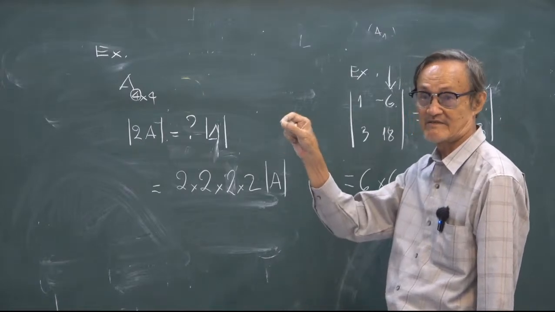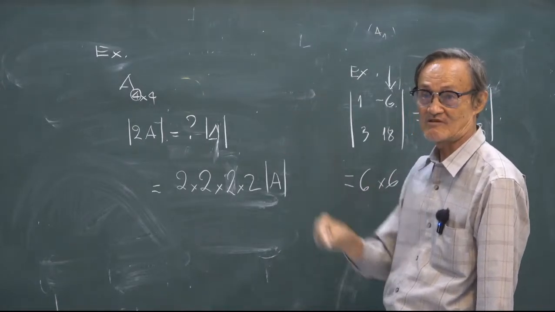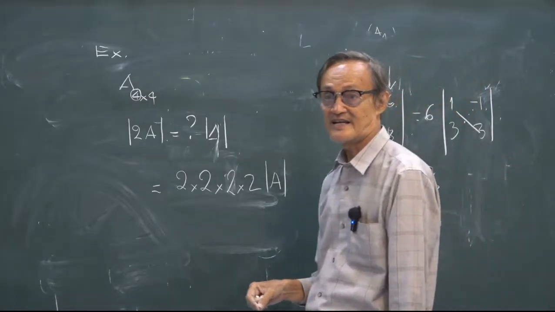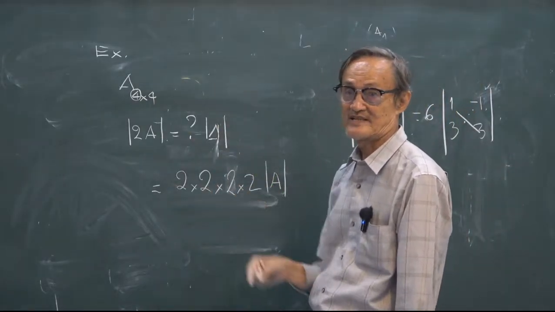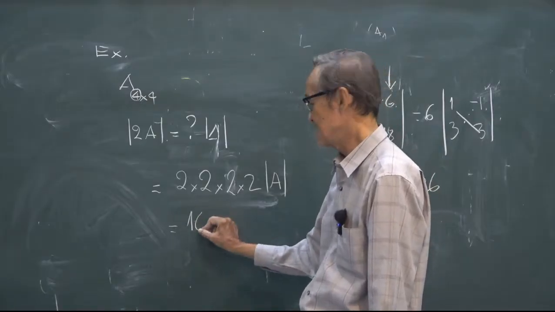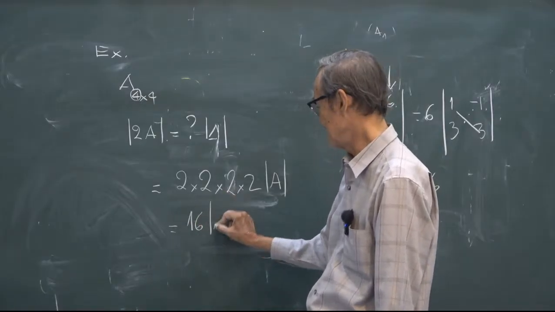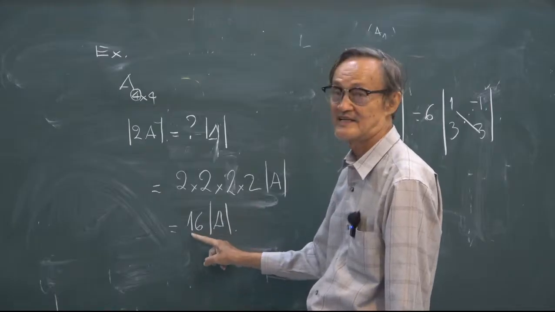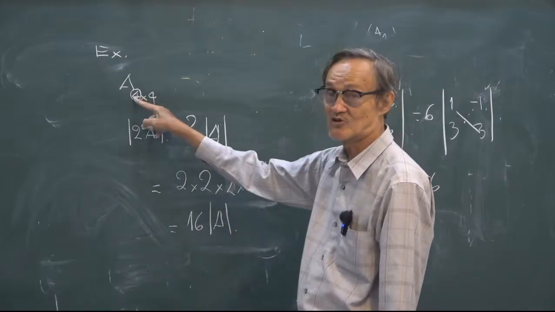Check the common factor of each row, not the entire matrix. So we have 16 times the determinant of A, 4 rows.